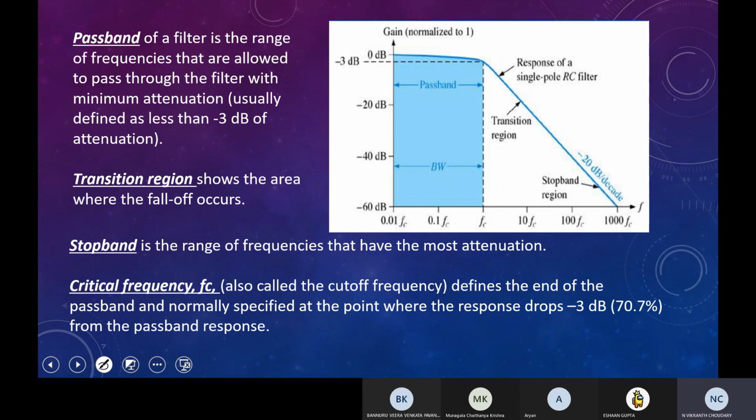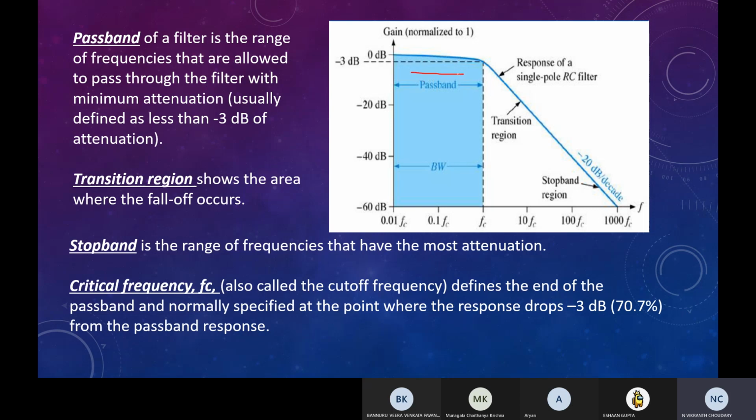And now a few regions. Pass band is known as this band, the range of frequency that is before the cutoff frequency.